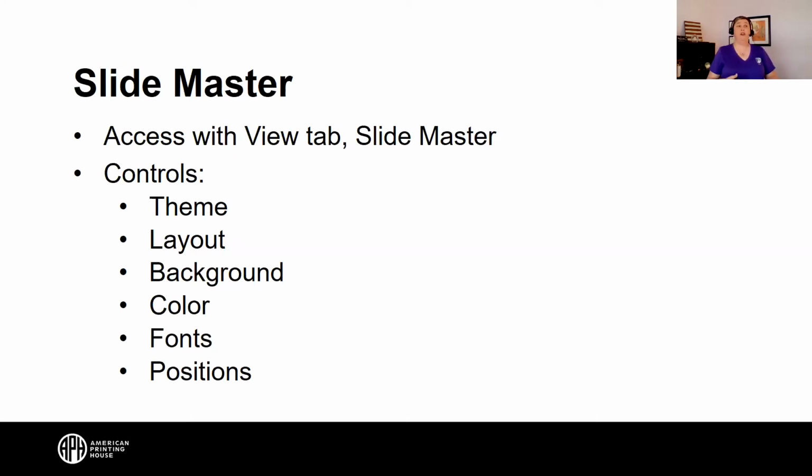This is a place you have control over the theme, the layout, the background, those colors, and the fonts and the positions. However you change the top slide in a slide master, it changes everything. There are sub slides inside the slide master that only change that particular layout.